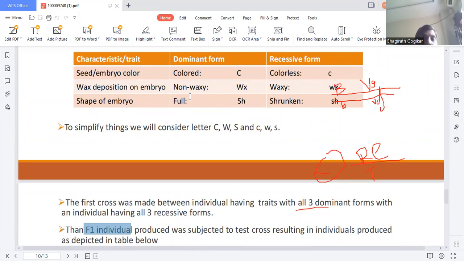This is the endosperm. This is wax coated or non-wax. This is colored. So colored embryo, presence of wax or not, and shape of the embryo, full or shrunken. So the respective, I will clear the drawings. I will draw one chromosome.